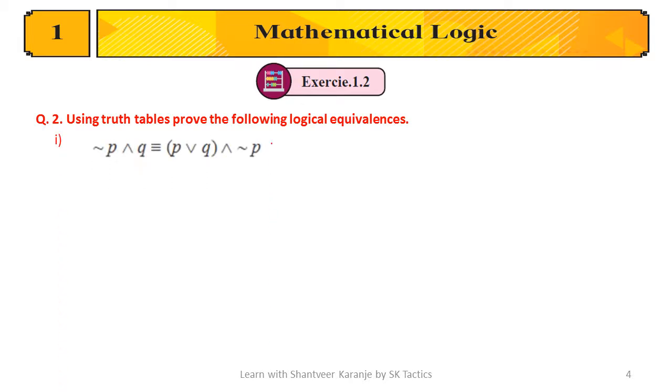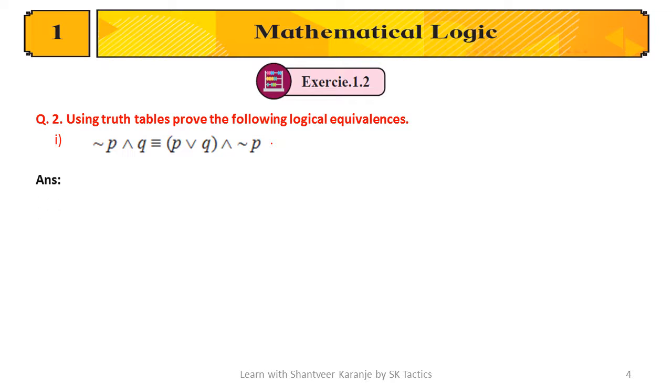The first question is: negation of (P and Q) is equivalent to negation of P or negation of Q. For both sides, left hand side as well as right hand side, we find a common truth table.